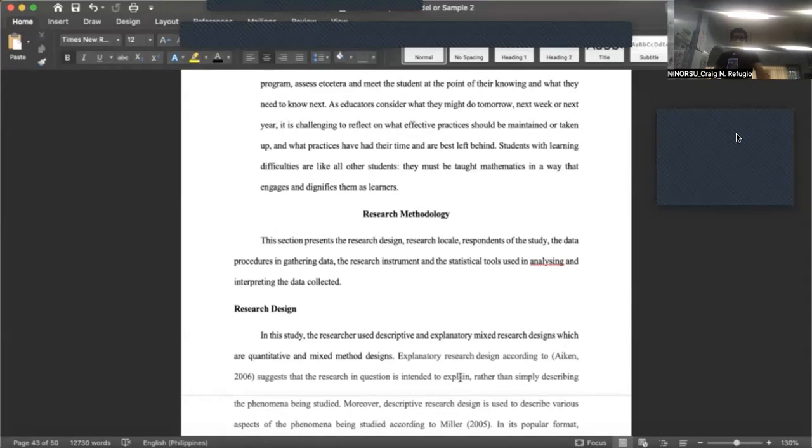Which part can be used in that literature, in the statement of the problem? So there is actually a connection of your review of related literature and your study. And what is that part in the study? Statement of the problem number 1, statement of the problem number 2, statement of the problem number 3, and statement of the problem number 4. So the same.